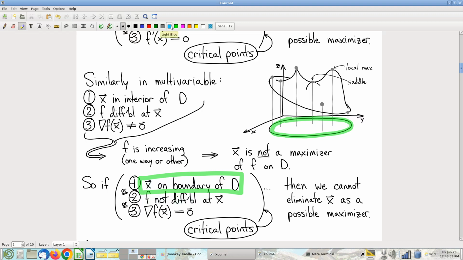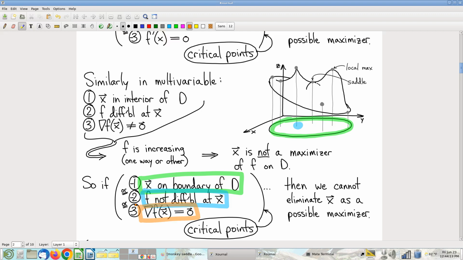And there's various other examples of the argument failing. Points where the function fails to be differentiable, such as this point right there. Function's not even differentiable there. I can't make arguments about the gradient. Gradient doesn't even make any sense. Nothing I can conclude. Can't eliminate that point either. And then lastly, points where the gradient is zero.